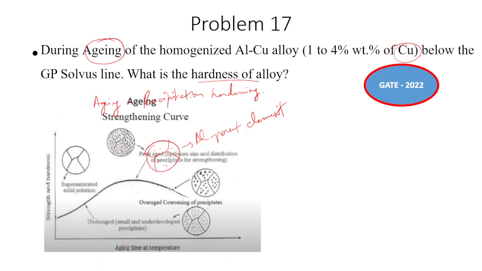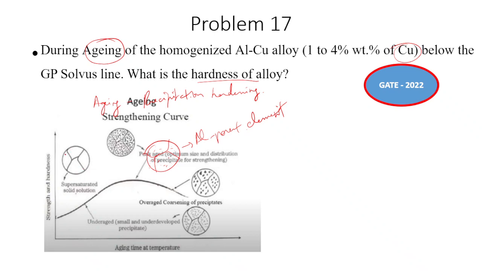If we expose a binary phase alloy at a particular temperature, initially there is just supersaturation. The precipitates have not yet formed.